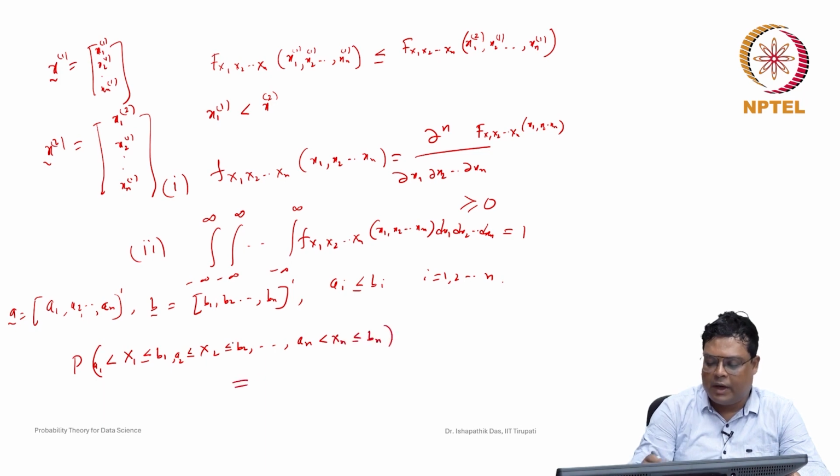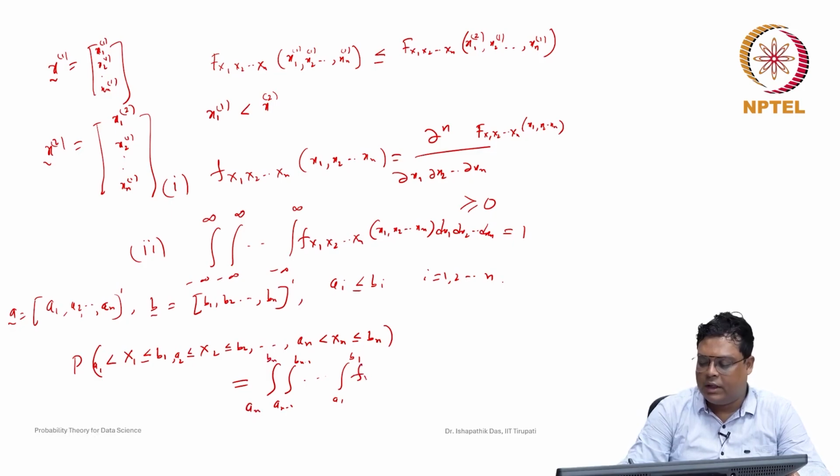This probability we can find just by integration: a1 to b1, and so on up to an to bn, of the probability density function f(x1, x2, ..., xn) dx1 dx2 ... dxn.